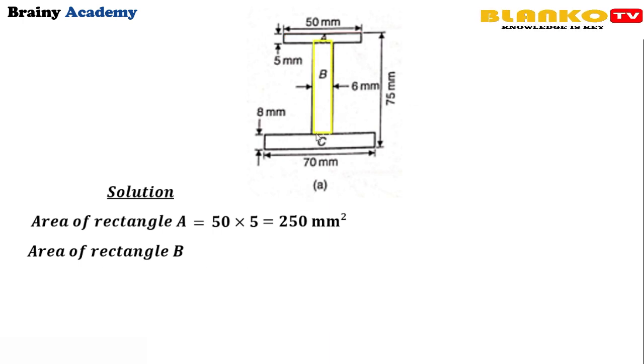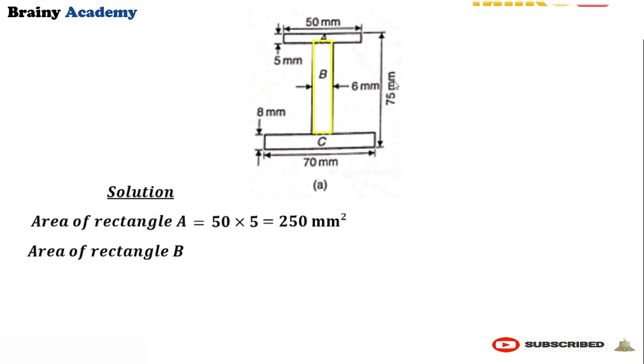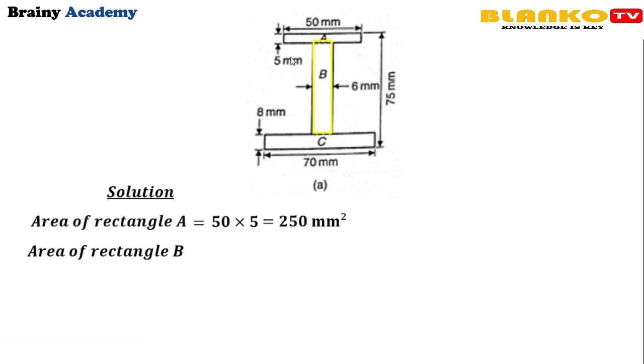So this is rectangle B, in the yellow color. Rectangle B has a breadth of 6 millimeters. So what is the length of rectangle B? When you look at the side of the girder, the full length of the side is 75 millimeters. So to find the length of rectangle B, we subtract 5 millimeters, that is from this point to this point, and then 8 millimeters, from this point to this point, from 75 millimeters.